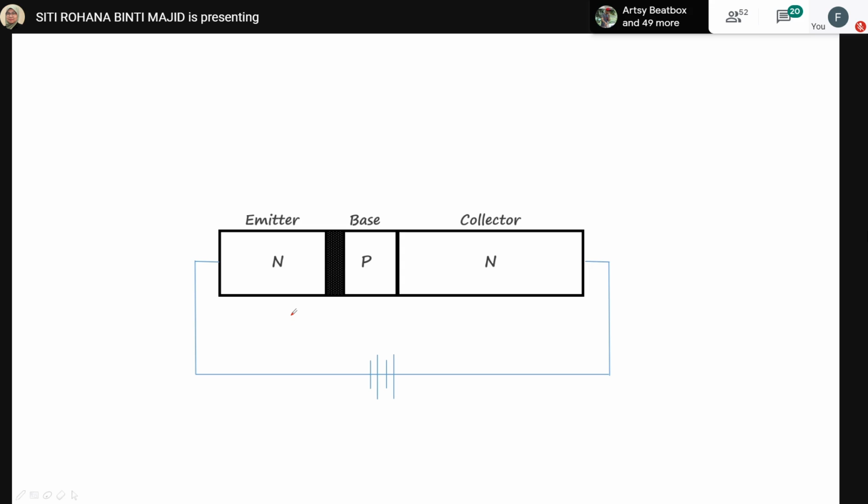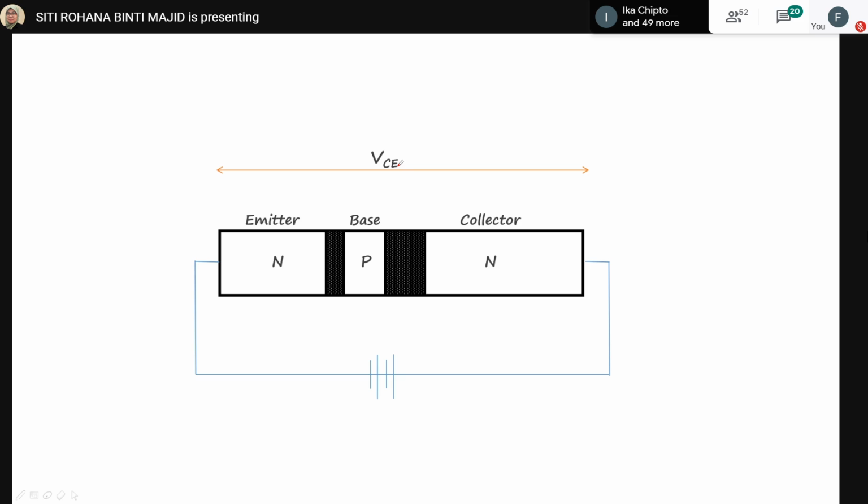This marked region is the depletion region between the N and P and P and N. Once we connect this junction to the positive and negative terminals of the battery, the depletion region will increase. Now we can label the voltage applied between the collector and emitter as VCE. C is collector, E is emitter.